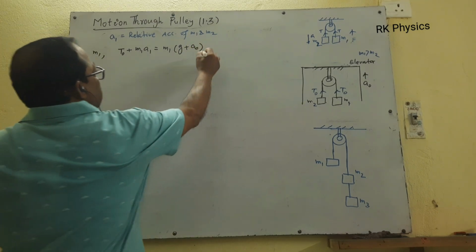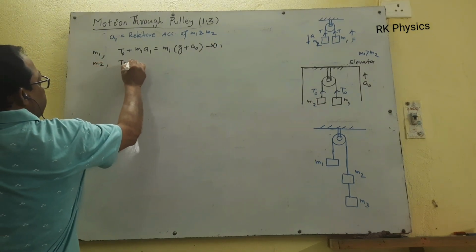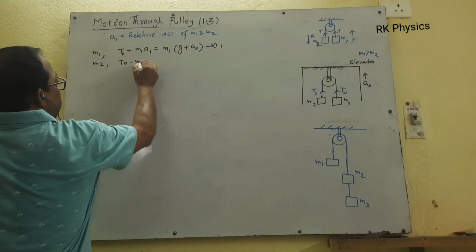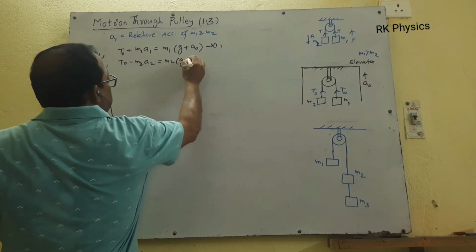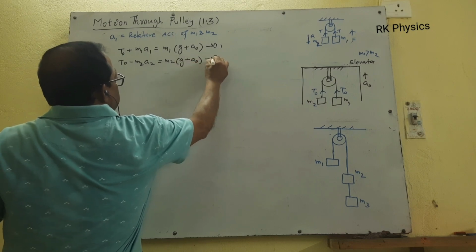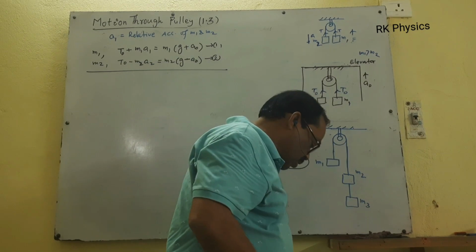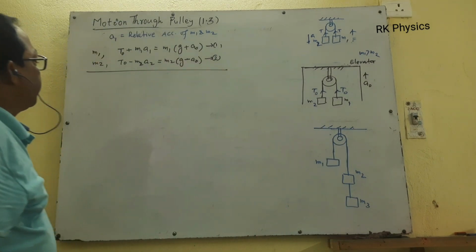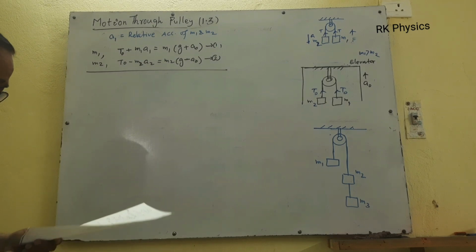This is the first equation. Similarly, for M2 you write T0 minus M2 A1 equals M2 into G minus A0. This is equation 2. With the help of these two equations, it is possible to get the values of A0 and T0.